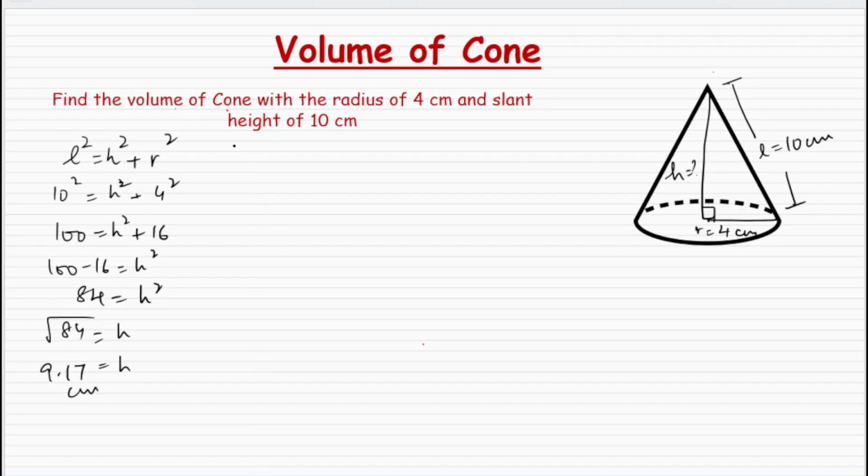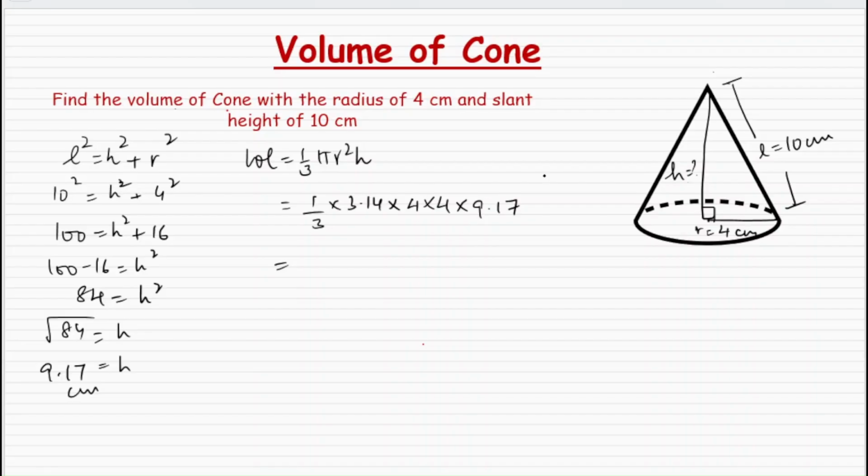Now, once you have the height, I can use the formula of the volume, 1/3 of pi r square h. So it's 1 over 3 times 3.14 times the radius is given as 4 square, means 4 times 4, and height I just calculated as 9.17.